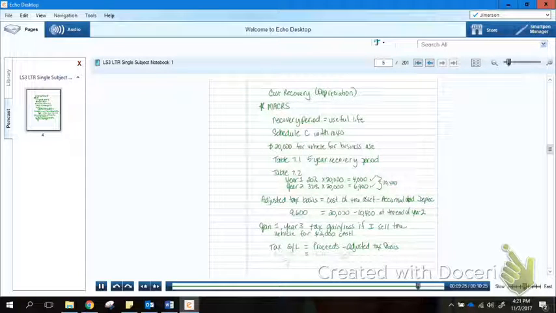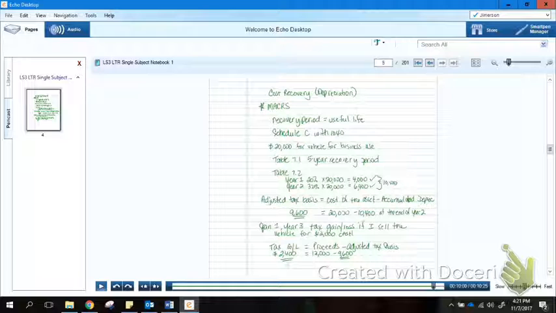So what I'm receiving is $12,000. I'm receiving $12,000, and I'm giving up a vehicle with an adjusted basis of $9,600, right? $9,600. So my tax gain that I'm going to have to report on my tax return for year 3, because I'm going to sell it in year 3, on my tax return, I'm going to have a tax gain of $2,400. Okay?